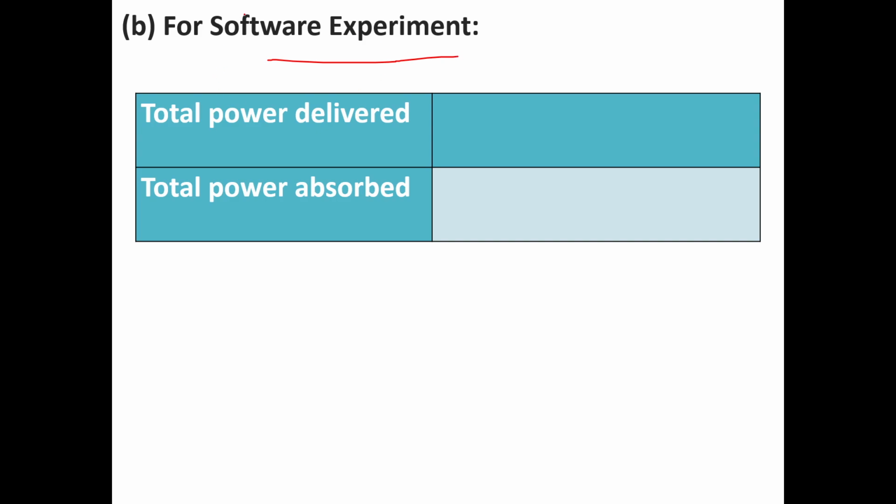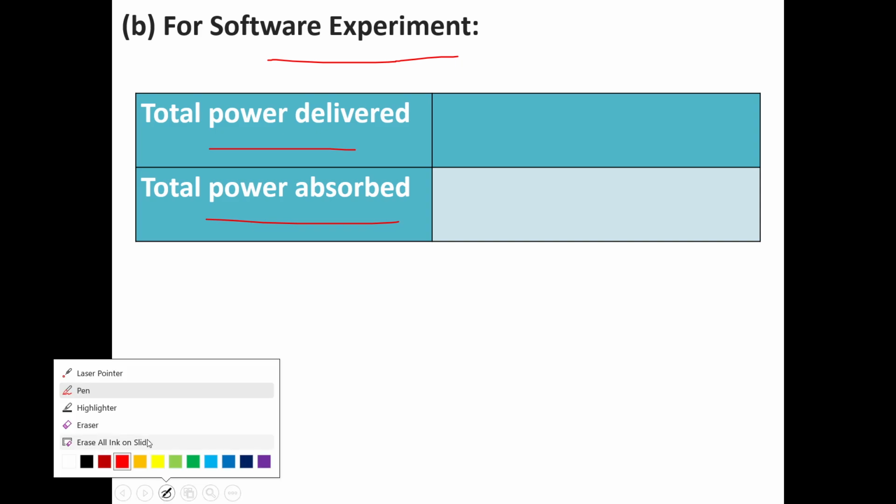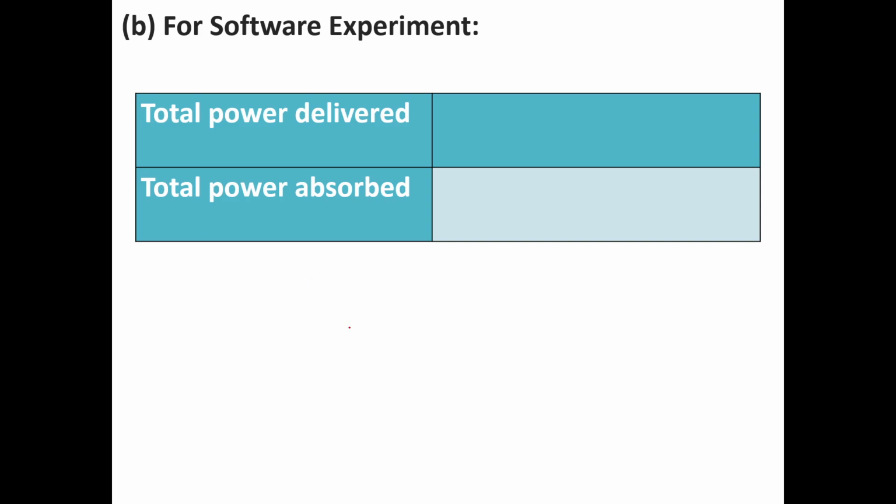Directly from the circuit that I have designed in MATLAB, you can note down the power delivered and power absorbed values. Just copy down this tabular column in your notes.